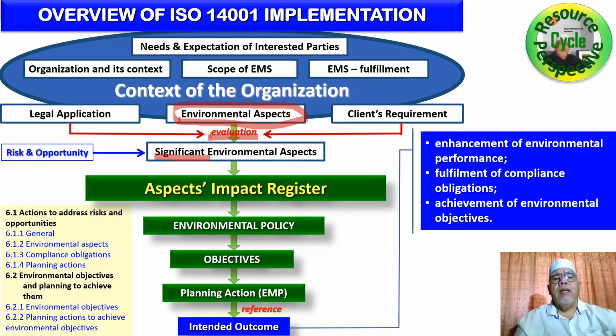But I'll show you an example that I have which have never proven me wrong. Okay, and then we assemble them in what is called an aspects impact register. This is the dashboard that I've been talking about.